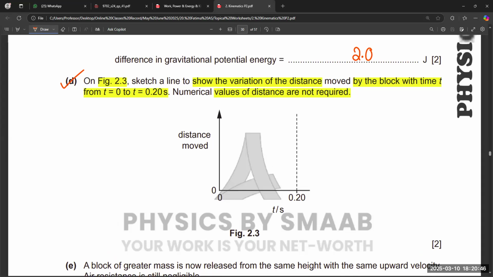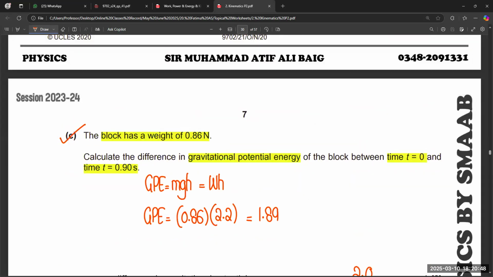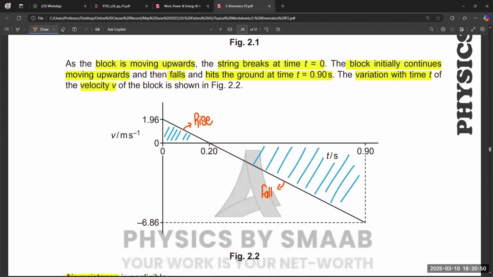From this graphical representation, the speed time graph is given, and finally we need to find the distance, or represent it graphically as a distance and time graph. So how do we represent it? It could be a straight line, a curved line, or a horizontal line.